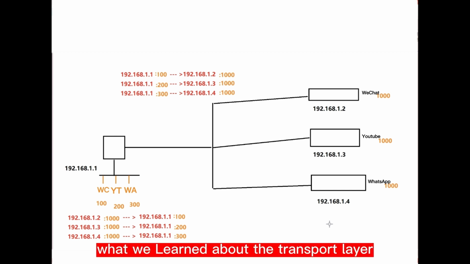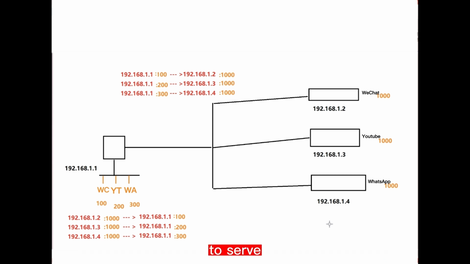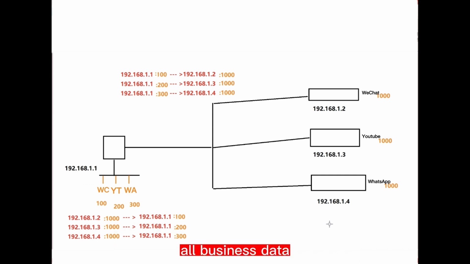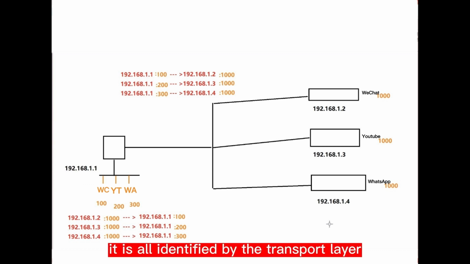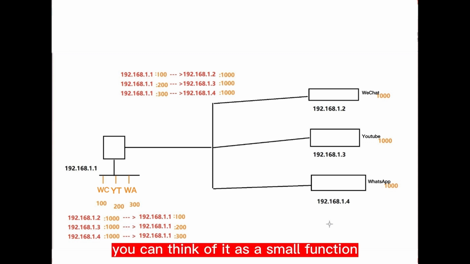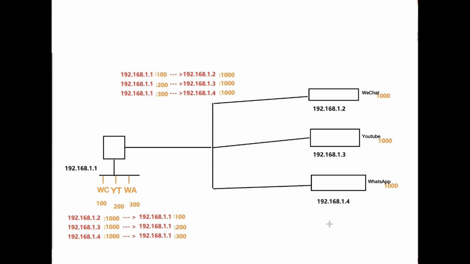What we learned about the transport layer is more for the application of the upper layer to serve. That is, in the future you will be exposed to all kinds of real business data. Then in each business data, it is all identified by the transport layer. But the ARP we learned, you can think of it as a small function.